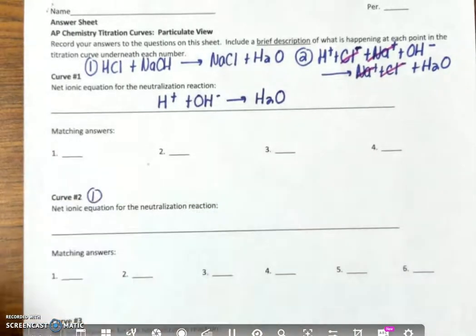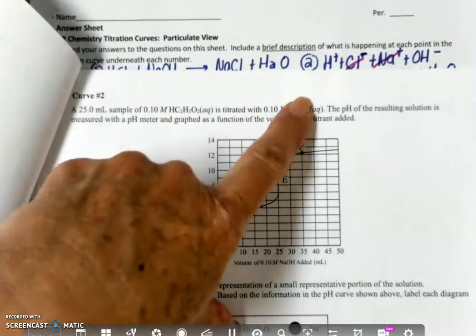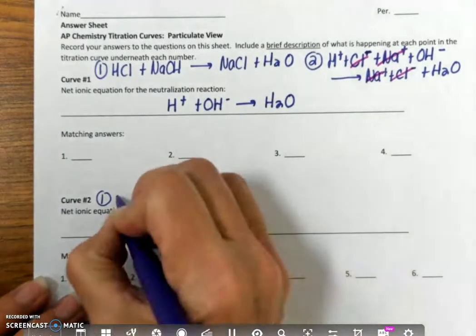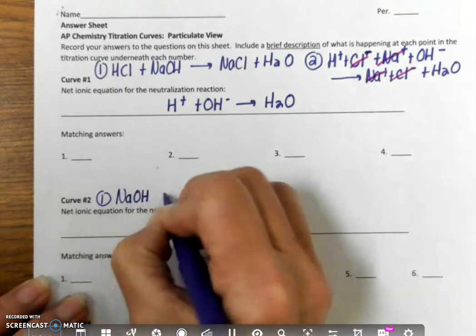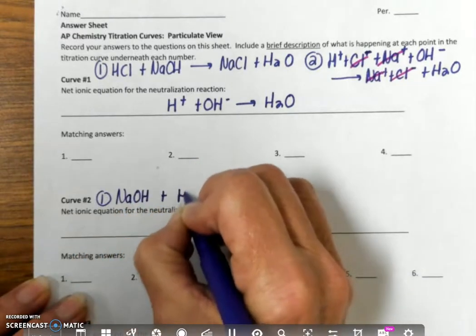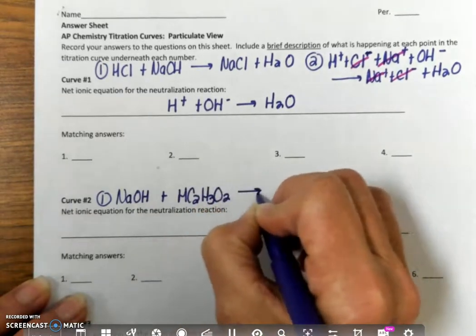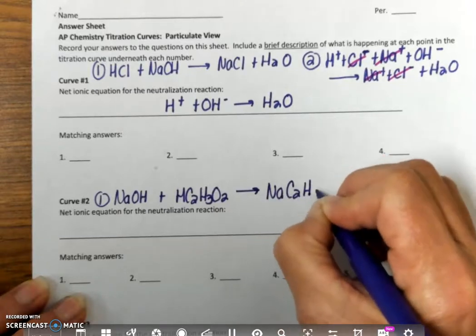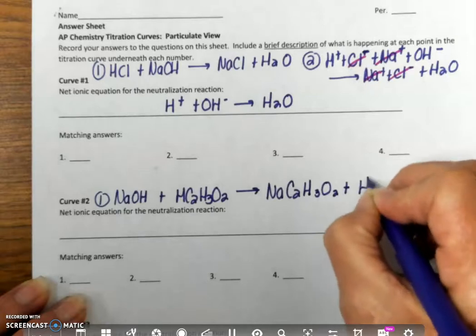The second curve is going to be acetic acid and sodium hydroxide. Okay? So I'm going to write my balanced equation, sodium hydroxide plus acetic acid goes to sodium acetate plus water.